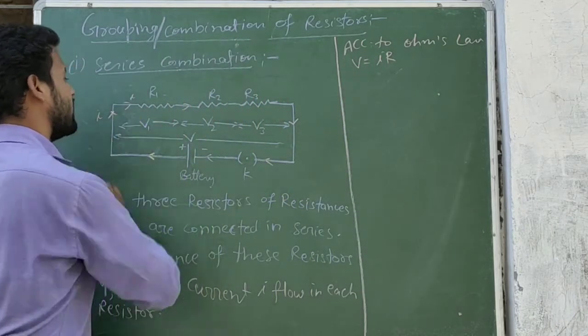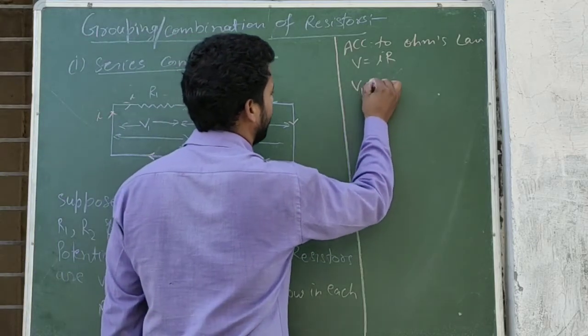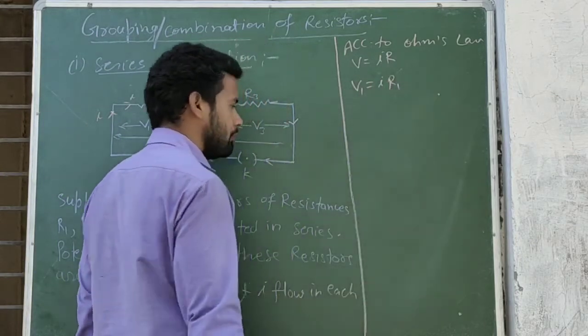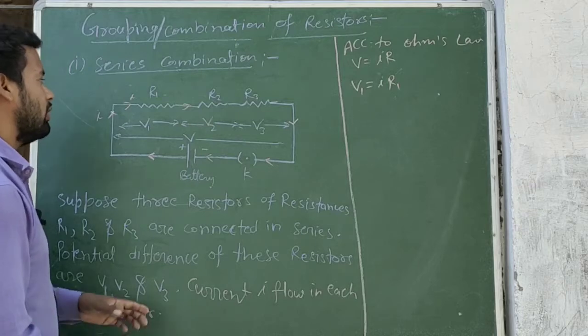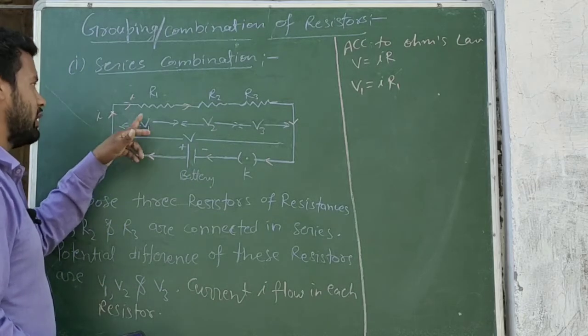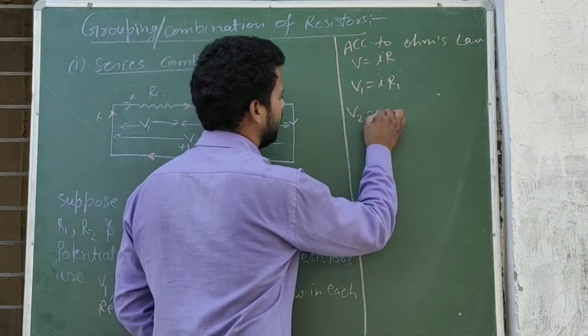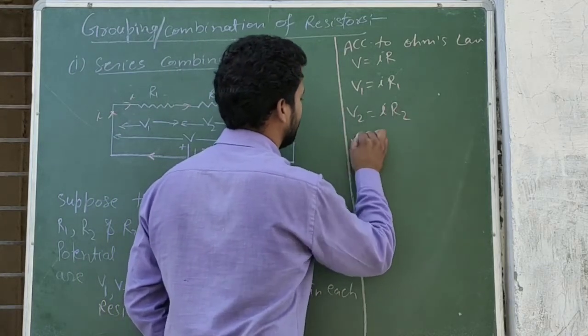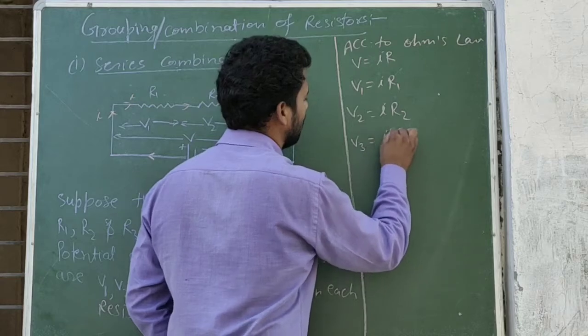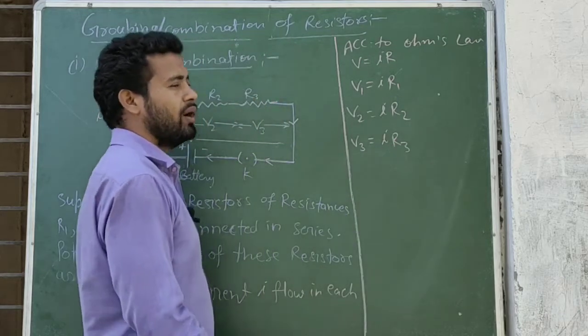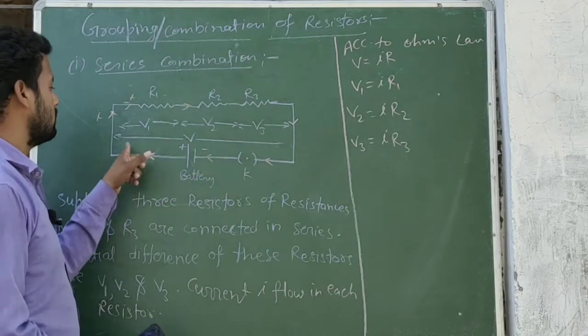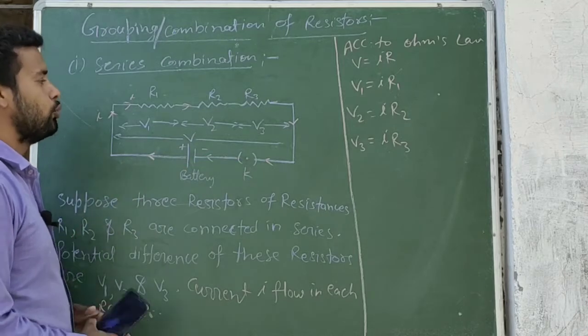For the first resistor, V1 equal to IR1, because resistor R1 has potential V1 and current I. Second resistor, V2 equal to IR2, and third, V3 equal to IR3. But total potential is V.